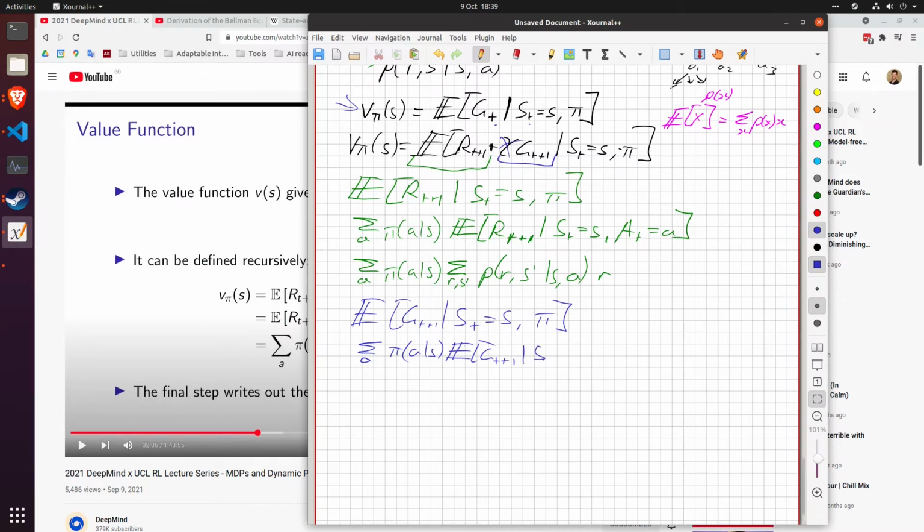And now this is conditioned on the state at time t is s, but again we've relieved ourselves of the uncertainty of what the next action is, because we've pinned it down outside here in the summation. And so the action at time t equals a, we pin that down.